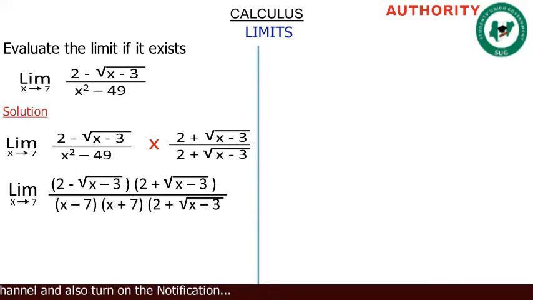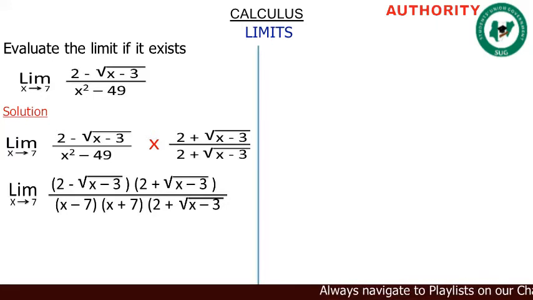So we're going to have lim as x approaches 7, 2 minus square root of x minus 3 in bracket, then open another bracket, 2 plus square root of x minus 3, all over this x squared minus 49. x squared minus 49 is an example of difference of two squares.